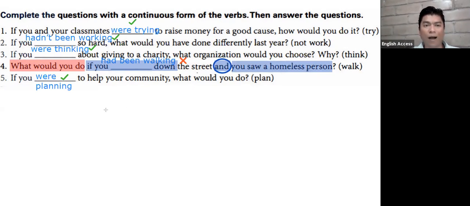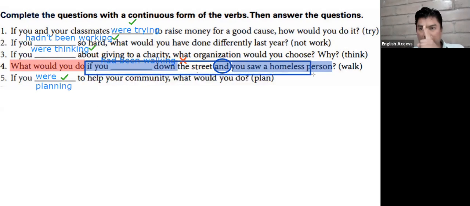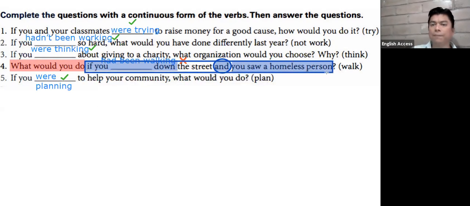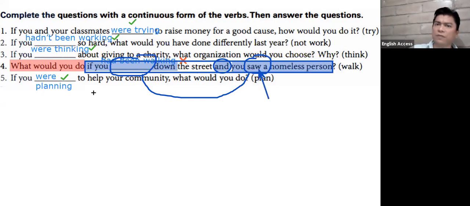It tells you that it's one sentence. So if you have one sentence, these have to be in the same tense. And saw is not in the past perfect. Saw is simple past. That's what you have to use here, simple past.